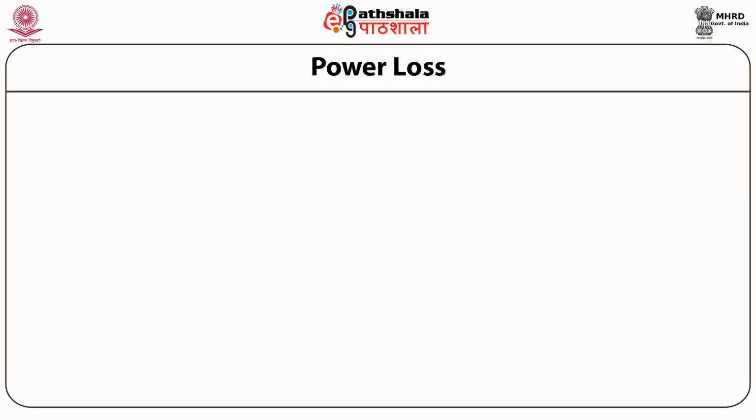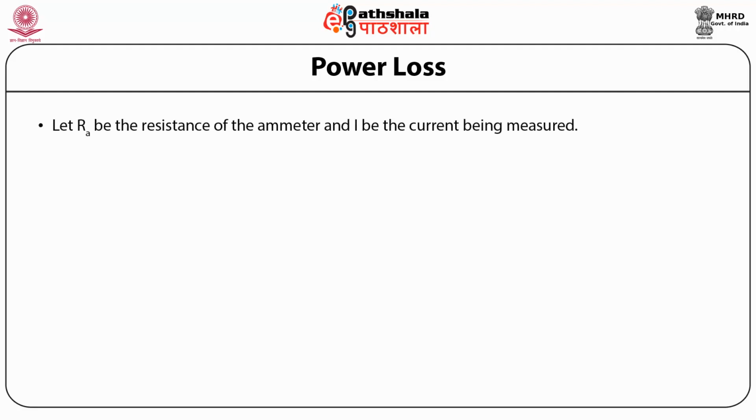So students, now let us first consider the power loss in the analog ammeters and voltmeters. Let Ra be the resistance of the ammeter and I be the current being measured. Power loss in the ammeter, PA, is given by I square multiplied by Ra watts.